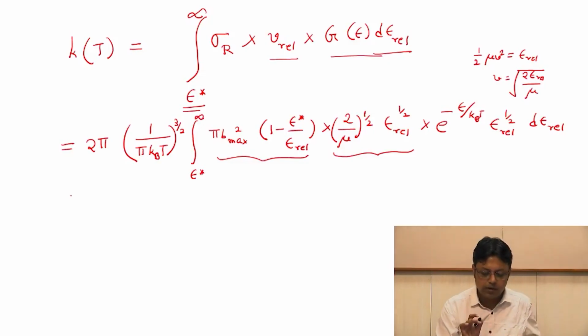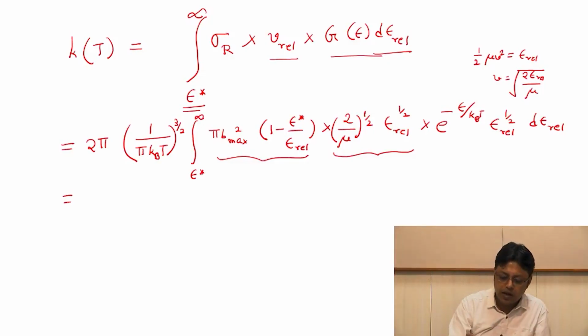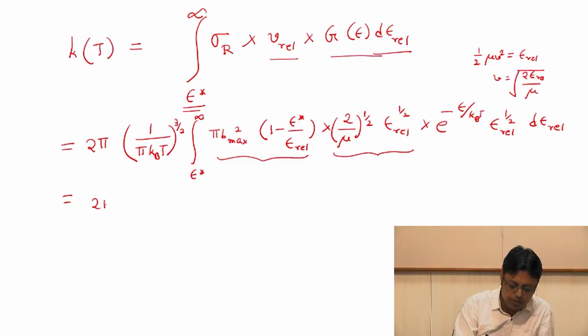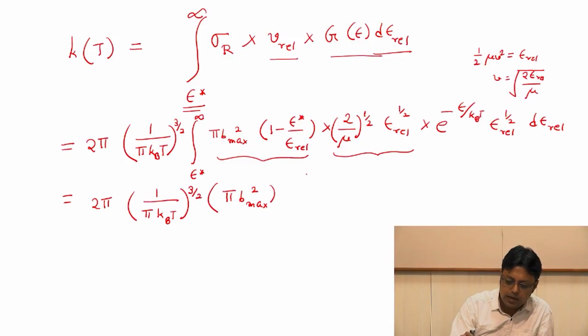Now look at this integral very carefully. What we have is pi b max squared, but that is also a constant that we can take out of the integral. So 2 pi times 1 by pi kBT raised to the power 3 by 2 into pi b max squared. Inside the integral, I can write epsilon relative minus epsilon star divided by epsilon relative.